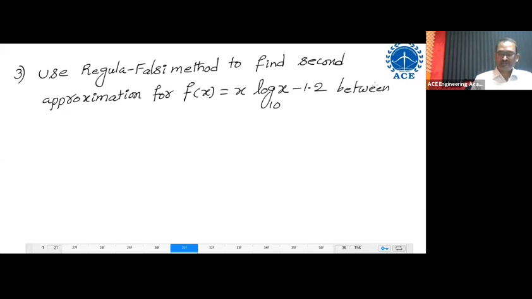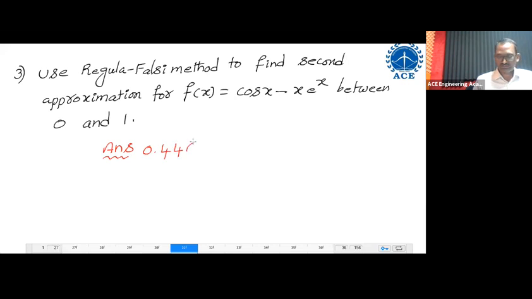Sorry, 1 minute. Everything is okay except the function: f of x is equal to cos x minus x e power x between 0 and 1. Answer 0.44673.